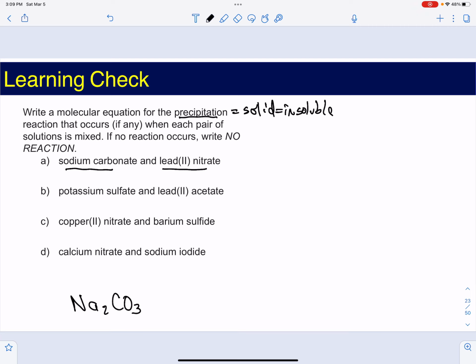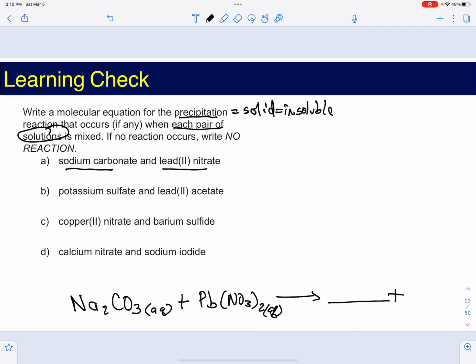And we're saying that we're combining solutions, so this has to be aqueous. That is combining with lead 2 nitrate, which is going to be that. And the question is, what do we get? Can you predict that? So once more, we're going to take every molecule or formula and break it into the ions.